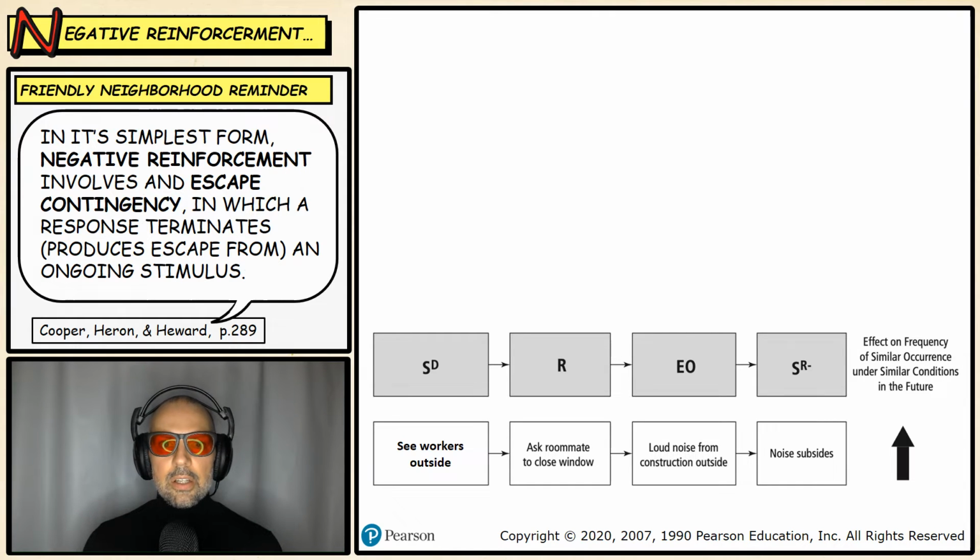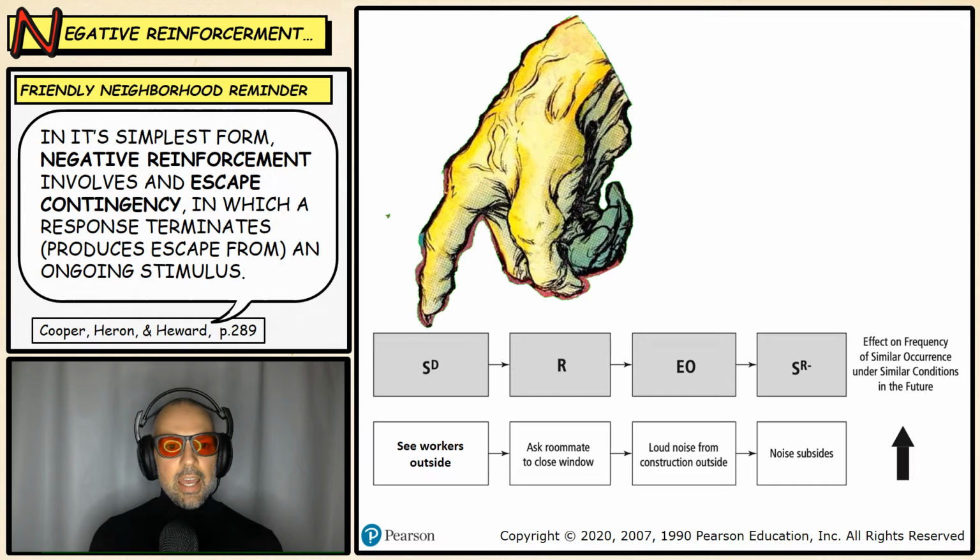So we're going to take a look at the first kind, which is discriminative avoidance. And this is so called because there is a discriminative stimulus that indicates that establishing operations are likely to start occurring. It's a discriminative stimulus that indicates that something that you are going to want to eventually escape from is going to occur in the near future. So you see a discriminative stimulus.